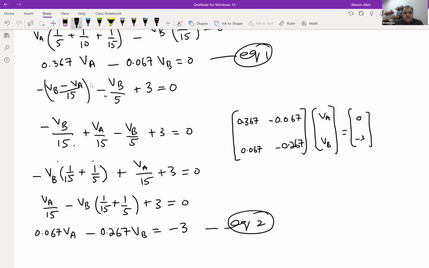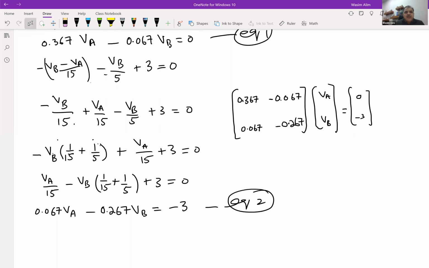So now from this expression, if I consider equation number 1 and get the value for V sub A, let's see. This is from equation number 1, by the way. So let me write this from equation 1.